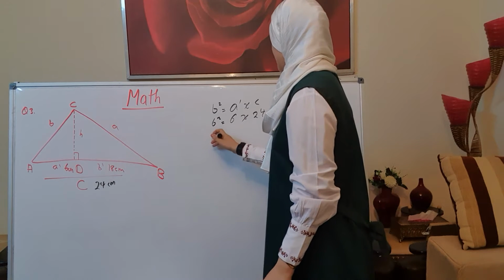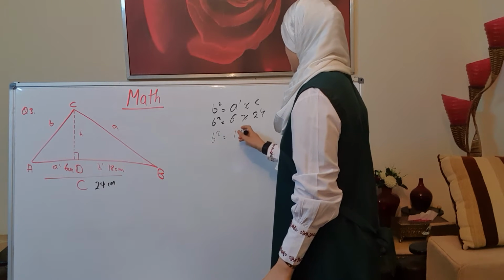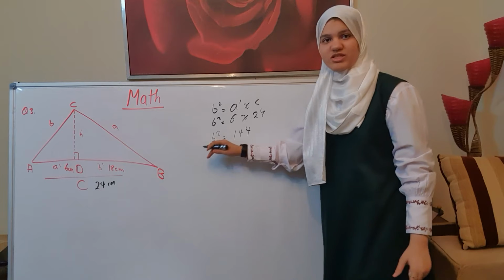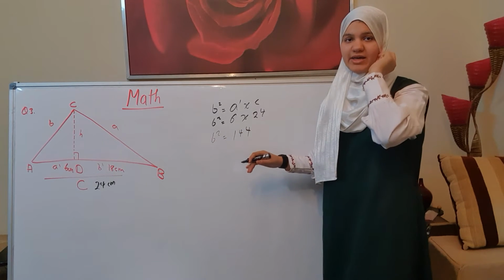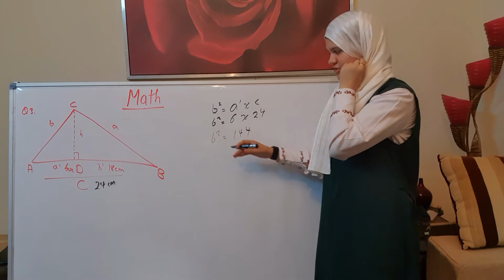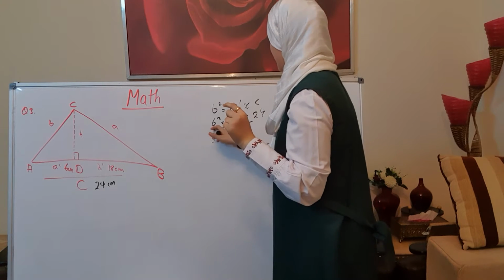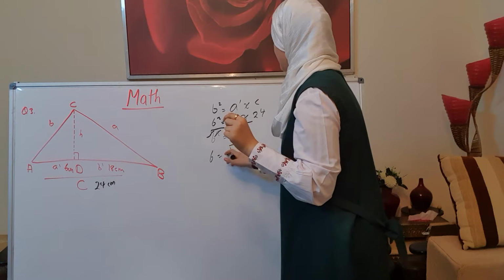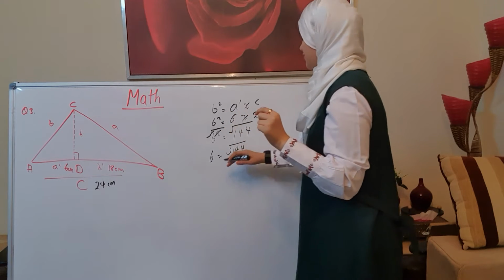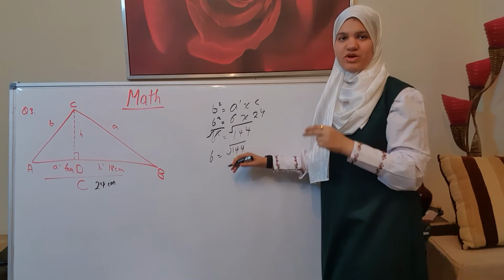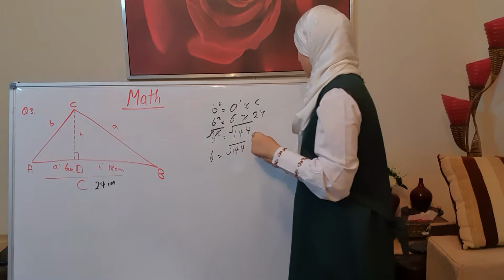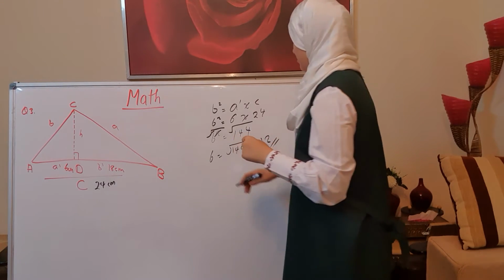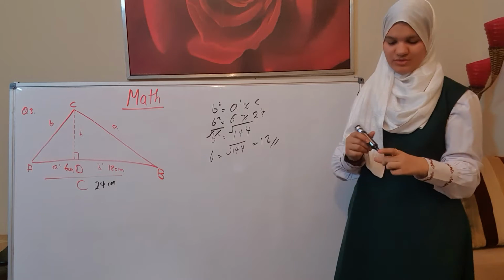It will be B squared is equal to 144. And we'll take the radical of both sides to cancel the square. That means B is equal to radical 144, and the square root of 144 is 12.